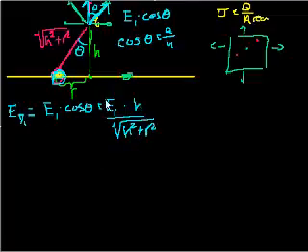Fair enough. So now let's see if we can figure out what the magnitude of the electric field is, and then we can put it back into this, and we'll figure out the y component from this point.